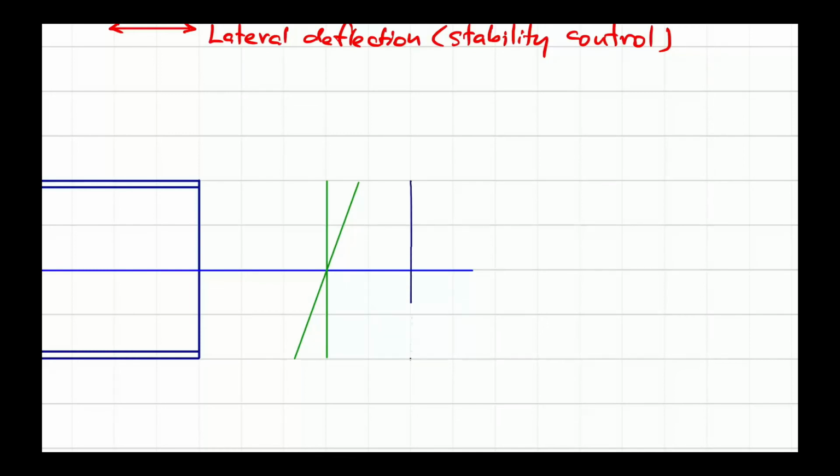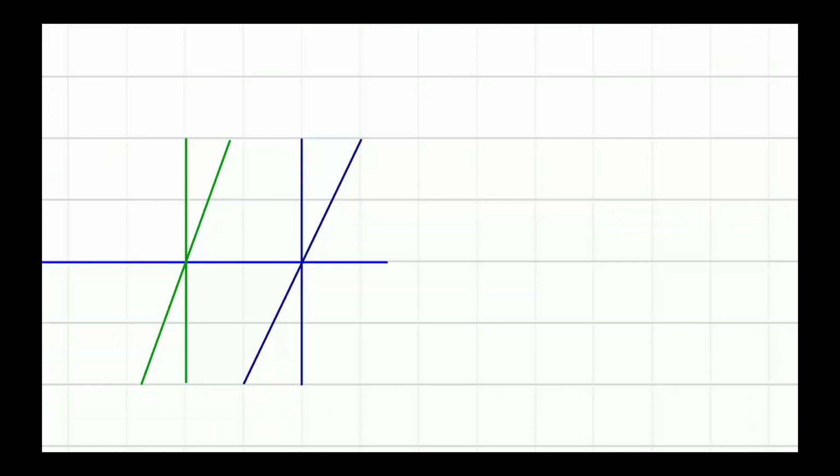So the moment, I'll explain point by point. I will explain to you.